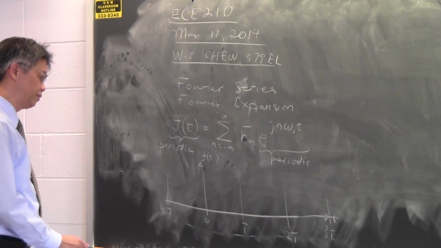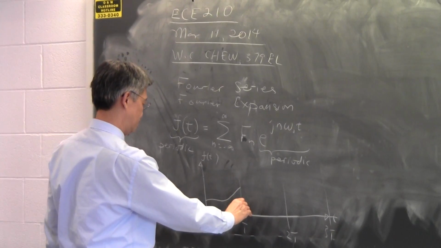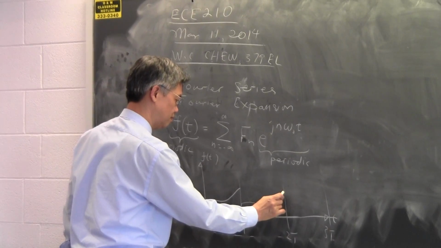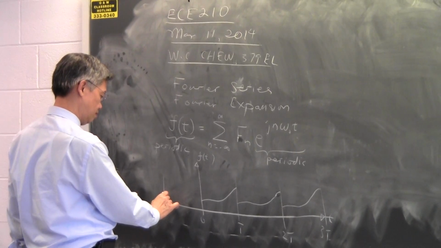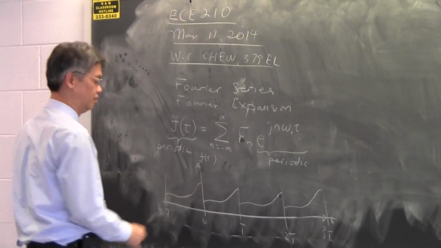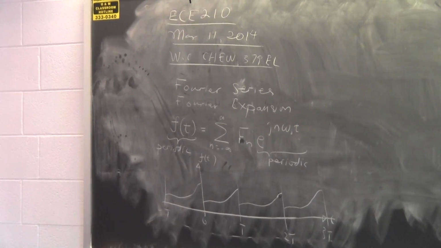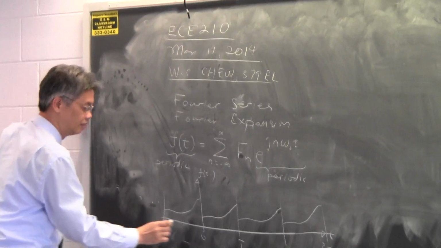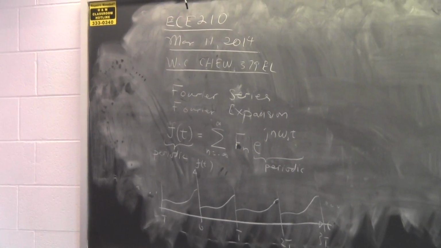So if I were to draw a periodic function, it might look something like this. Okay, so this is a periodic function. Any arbitrary periodic function can be expanded in terms of a Fourier series. This repeats itself. Okay, that is what Fourier said.